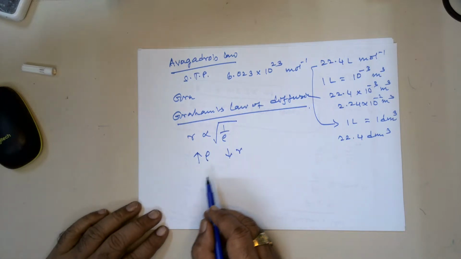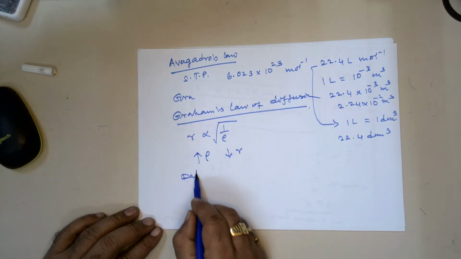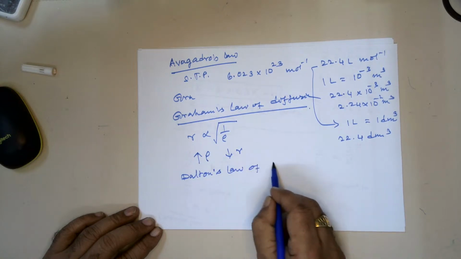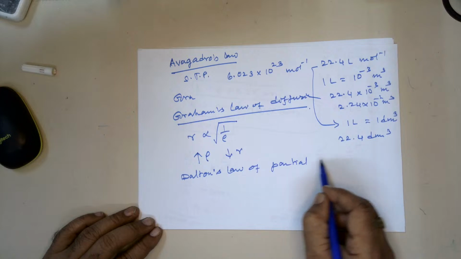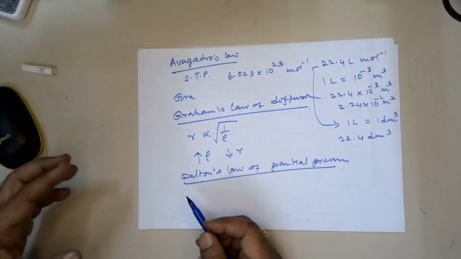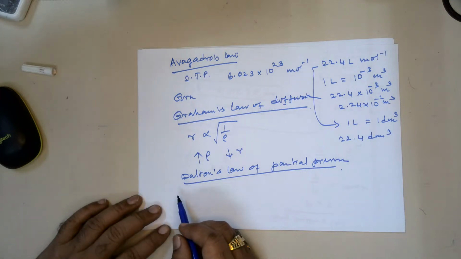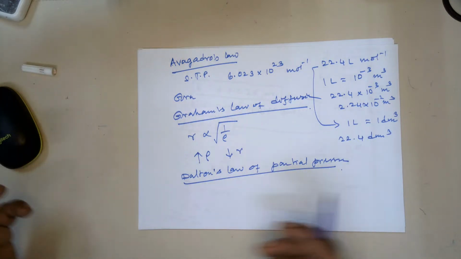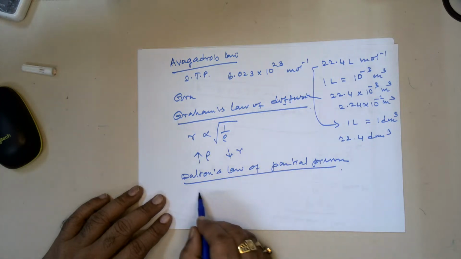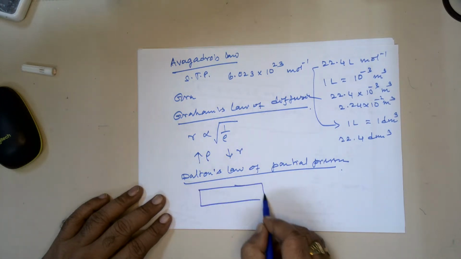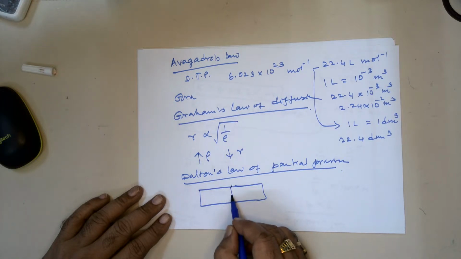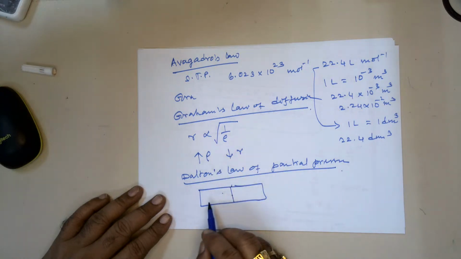Then Dalton's law of partial pressure. It states that the resultant pressure exerted by a mixture of non-interacting gases is equal to the sum of their individual pressures. Let me consider I have two compartments, and in between them a separator that can be removed at any time.